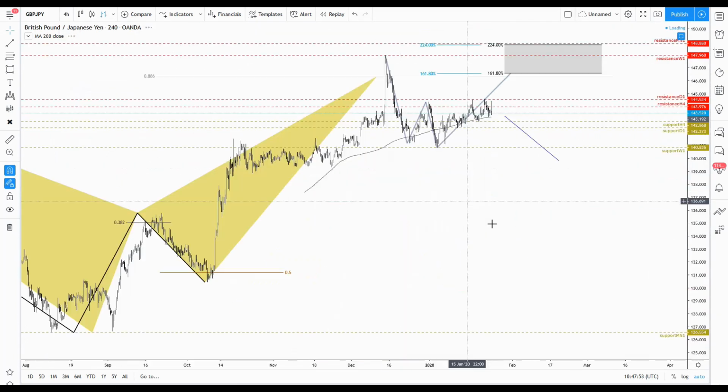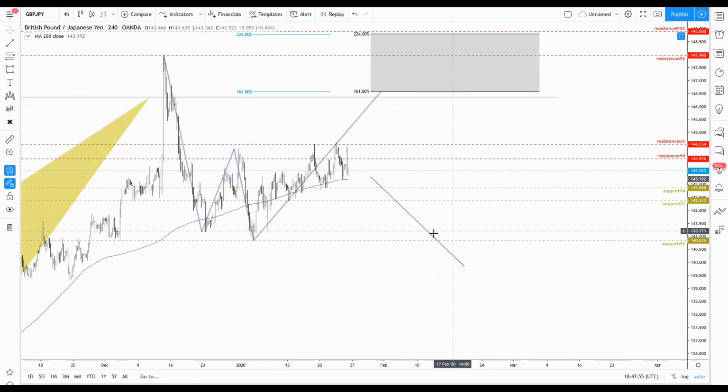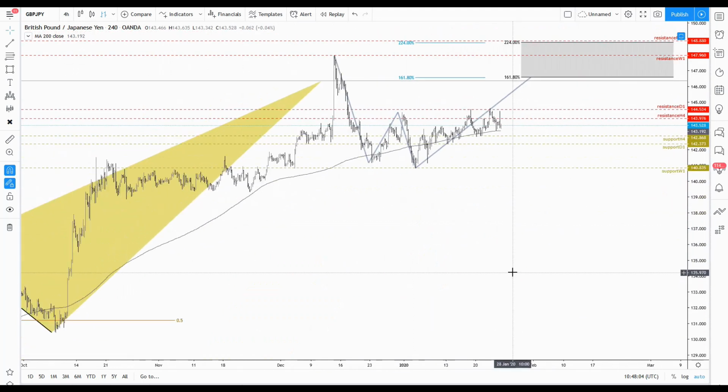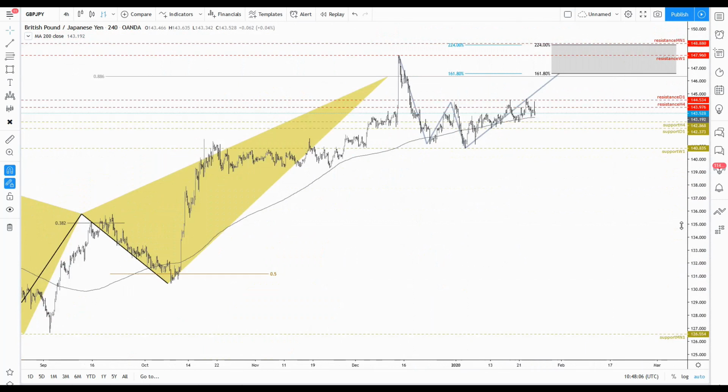If I go into a 2 hours or a 4 hours time frame, we need to start to plot the possibility for a retest of those highs, the weekly fractal.